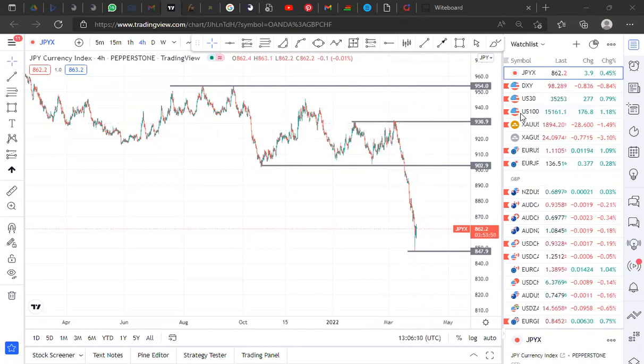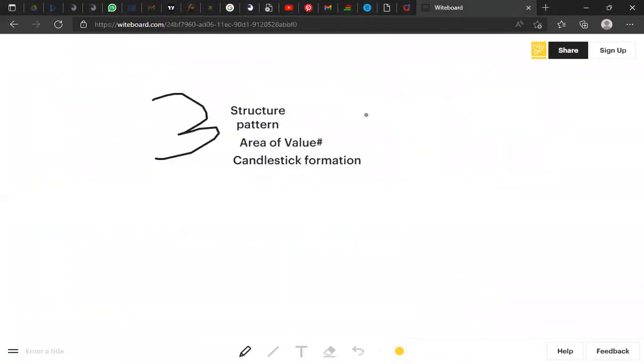So basically, we are going to be looking at four concepts of my trading. These are the concepts: market structure, patterns, and area of value. Some people refer to these as support and resistance.